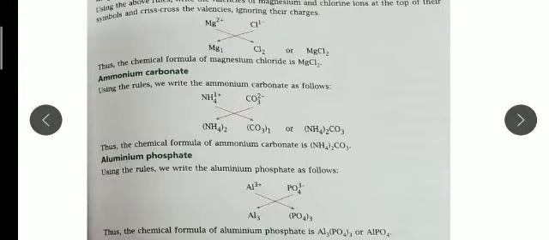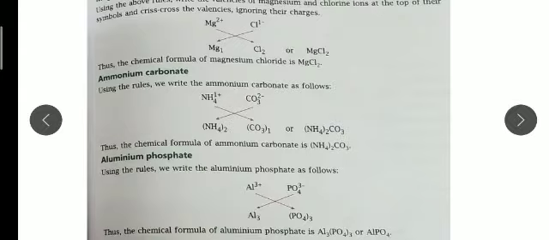You only have to see page numbers 63 and 64, where a table of valency of cations and anions is given. So you should remember the valencies. You should remember that carbonate valency is 2, phosphate valency is 3, and nitrate is 1.